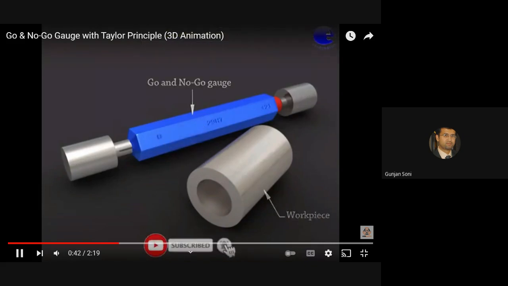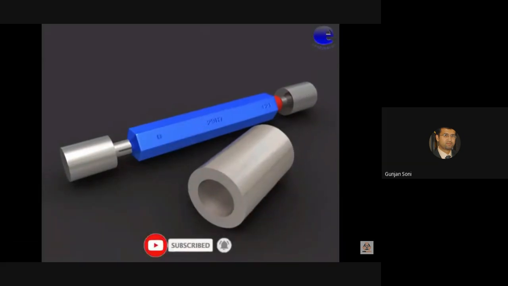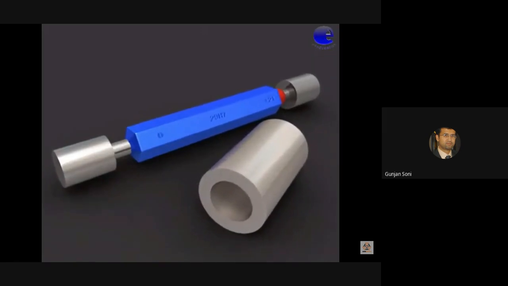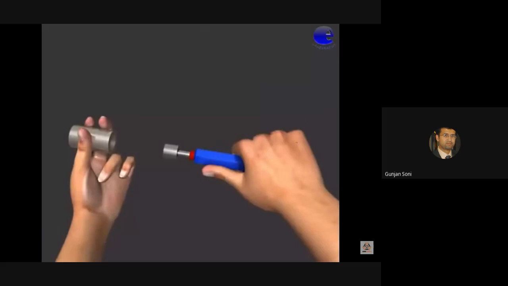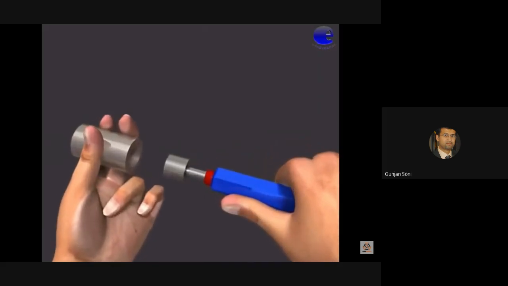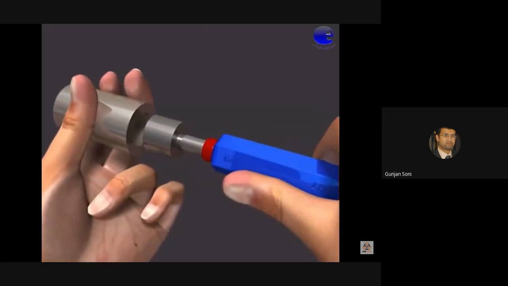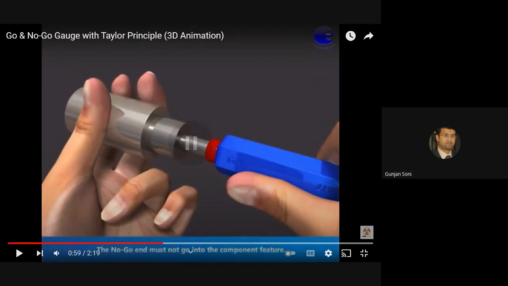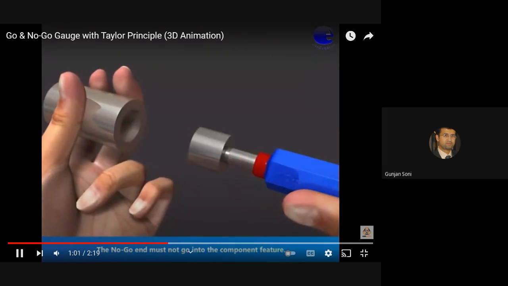Workpiece. First, we see no-go process. In this case, the no-go end See, it is not going inside. Okay. must not go into the component feature.